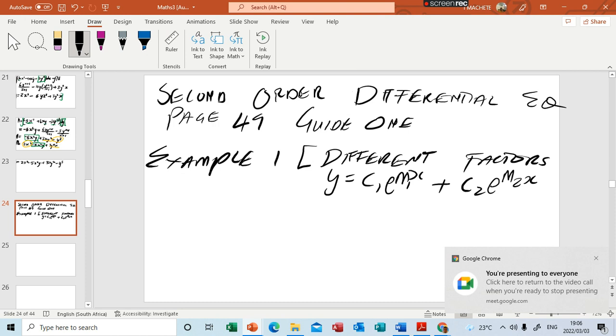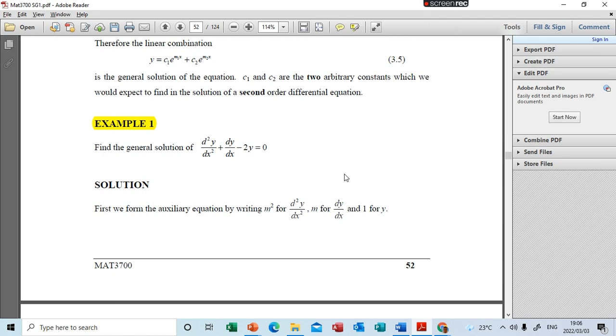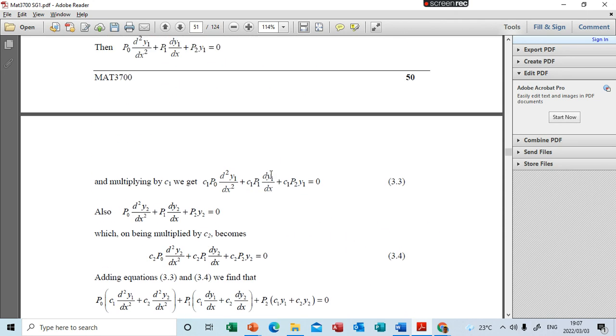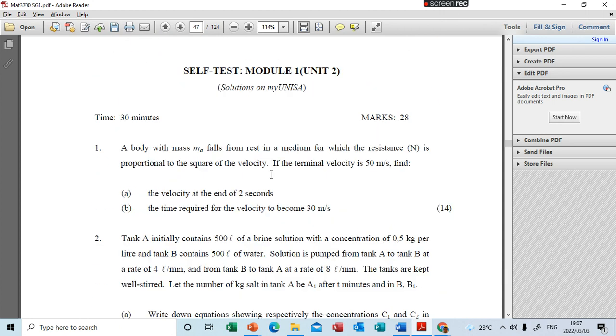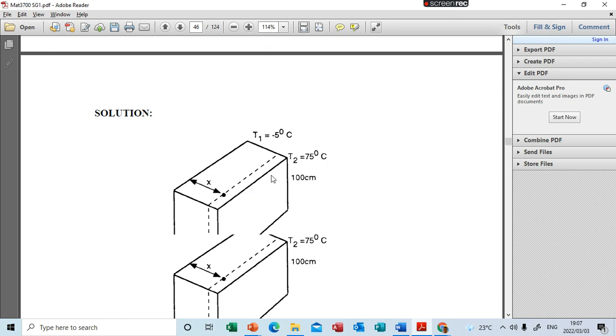So guys, I'm gonna show you the first example. The examples I showed you the page number there. You see this example one on page 52. I don't know which study guide you're using, but it's your maths one, maths 3 study guide one. So I'm gonna explain the second order differential equation. I skipped that chapter there. This chapter, the applications, because for now they're not too much important and they're too easy.